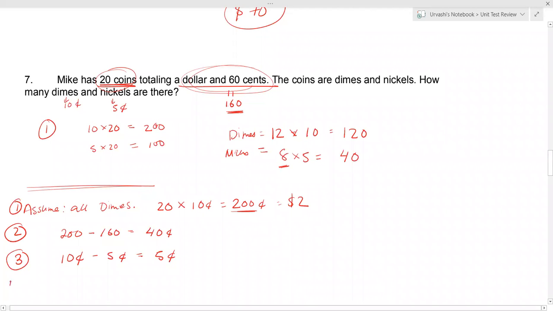To find out how many nickels we have, we do 40 divided by 5. Does this seem familiar? I know it's been a while, but 40 divided by 5 gets you 8. And this is my number of nickels.